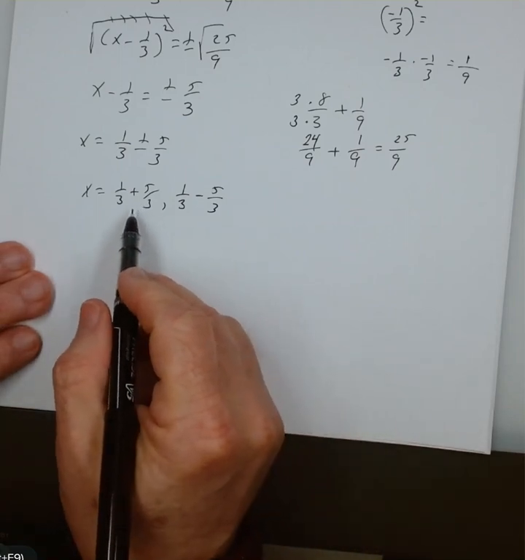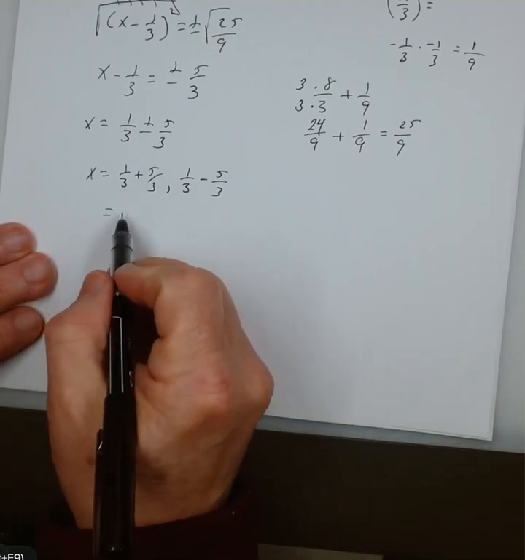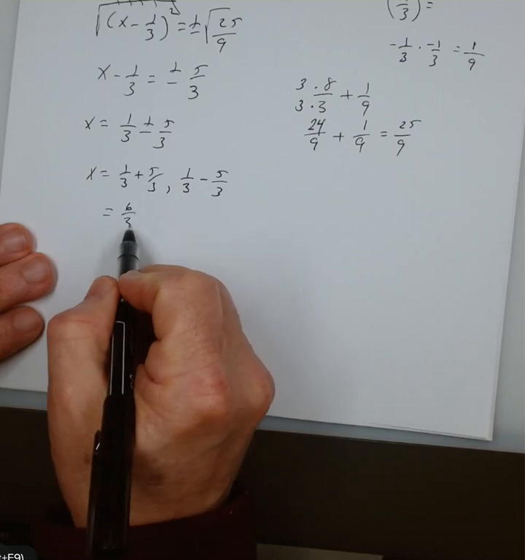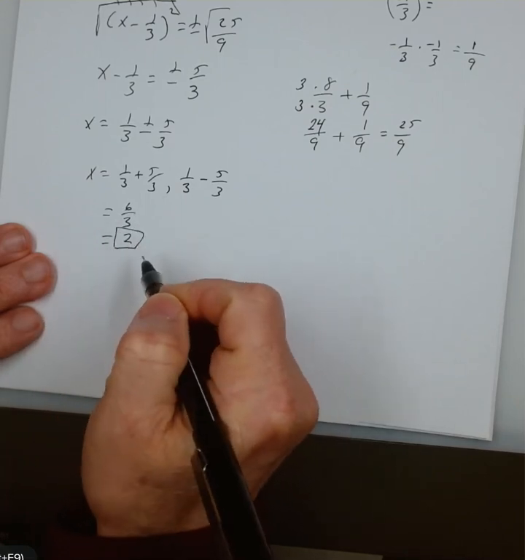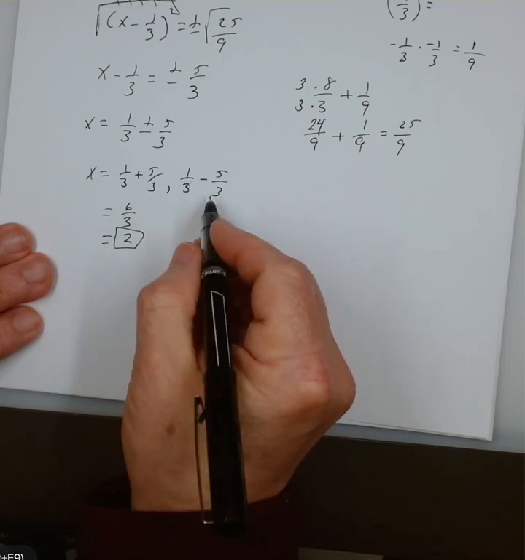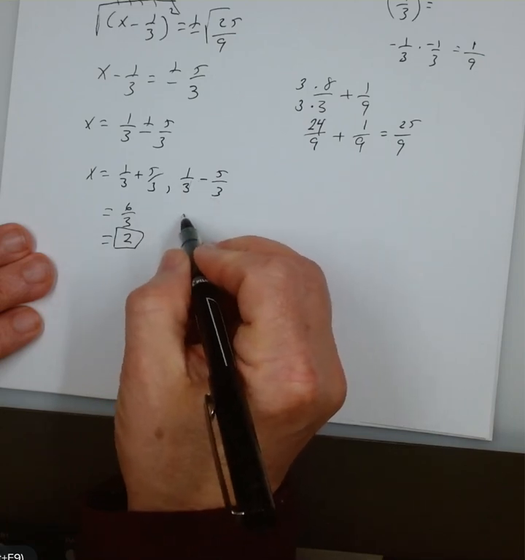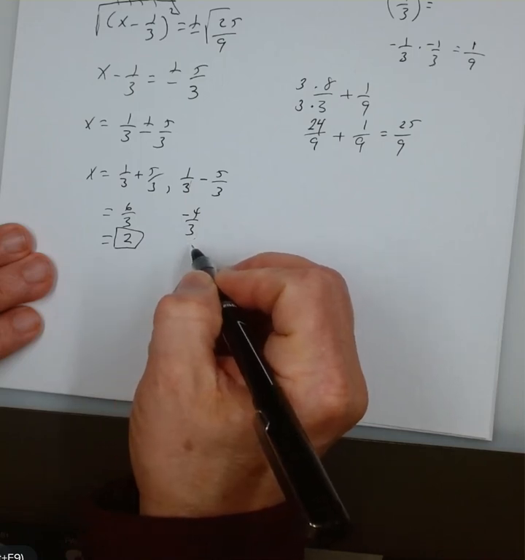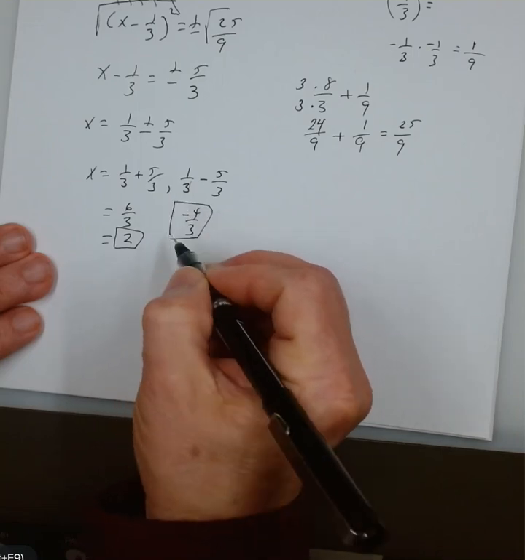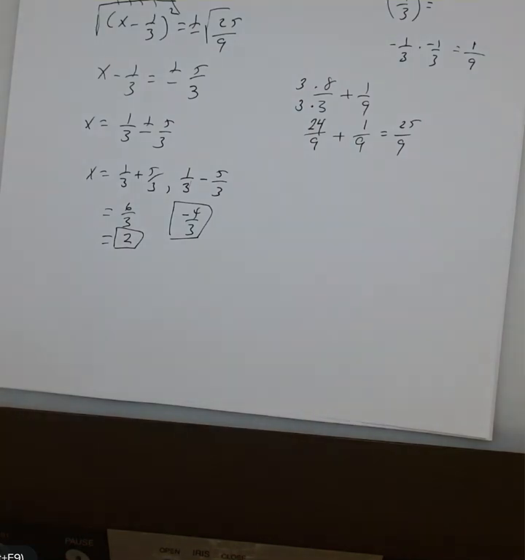What's 1/3 plus 5/3? 6/3, which is 2. So there's one of your solutions. What's 1/3 minus 5/3? Negative 4/3, and I cannot simplify that. So there's your other solution. And that is completing the square.